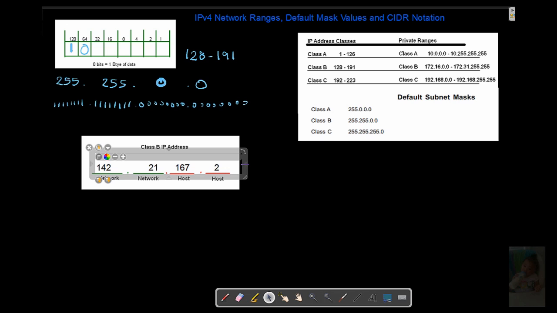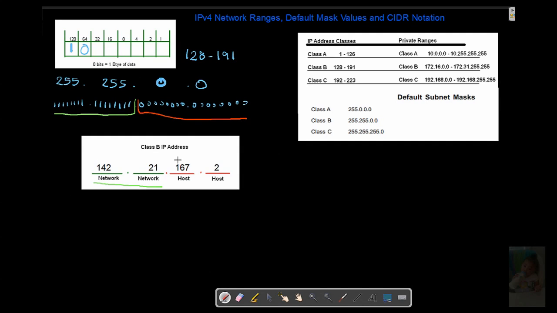That'll work. Looking at that and judging from our mask here, we are saying at this division point, this guy defines our network, and this guy defines our hosts inside the network. So you can see that division taking place right there.